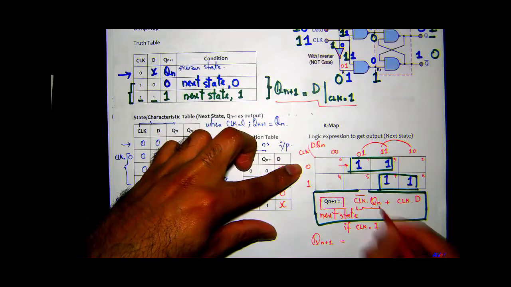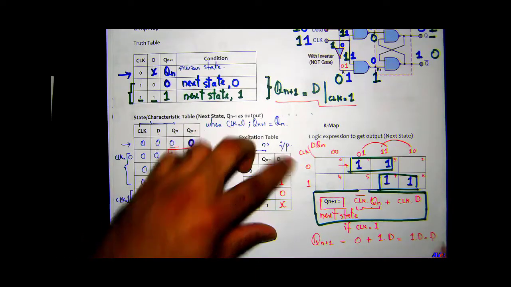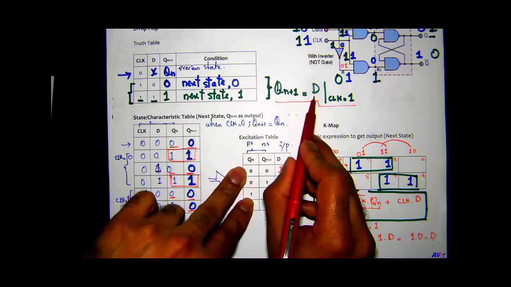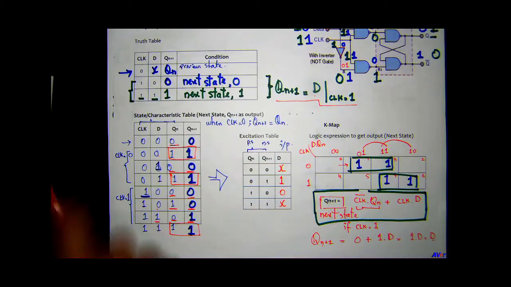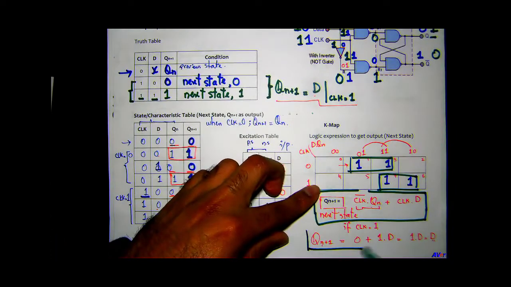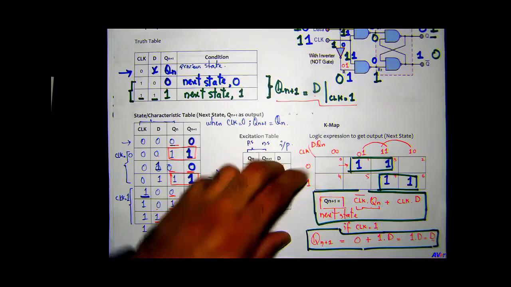This whole term will be 0 plus clock is 1 dot D. So 0 plus 1 dot D would basically be 1D, equal to D. So Qn plus 1 is actually equal to D, and that's what we had. Whenever the clock is high, the next state is always going to be equal to D. Something that you should remember, and it's also one of the easiest flip-flops to deal with because the next state equation is very simple.